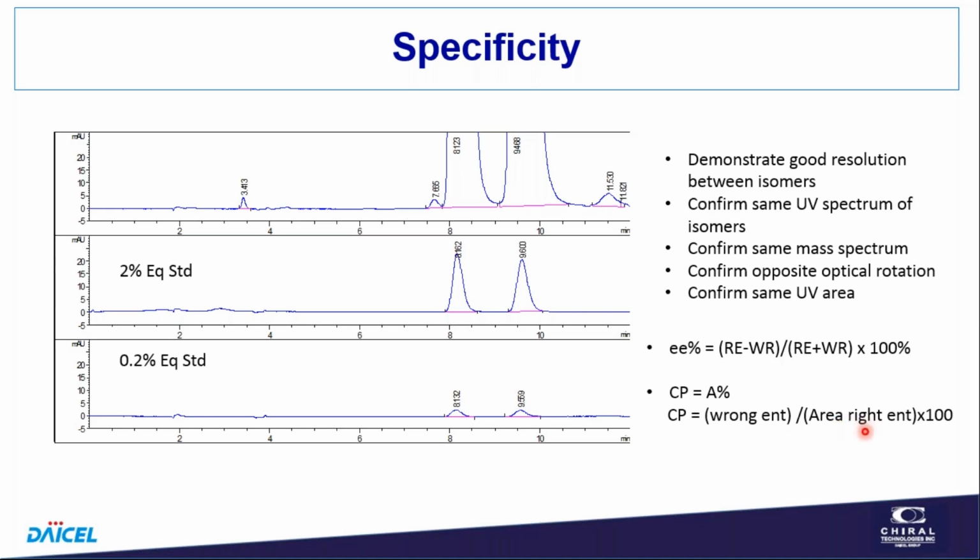Probably should use correct instead of right, because of the right-handed, left-handed issue. Times 100%. I think just treat it like a regular impurity is the way to do it. But people do it both ways, and we can get into a discussion about that. It's not worth it. Either way, the numbers you can transform them. It's like the difference between Fahrenheit and centigrade.